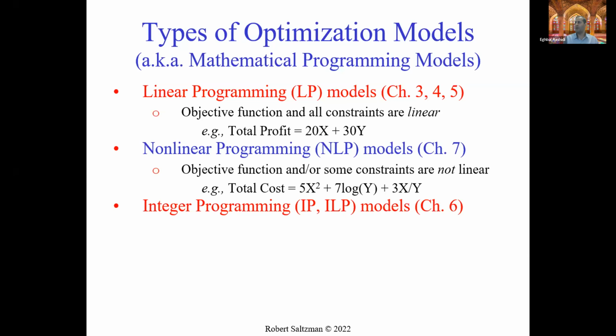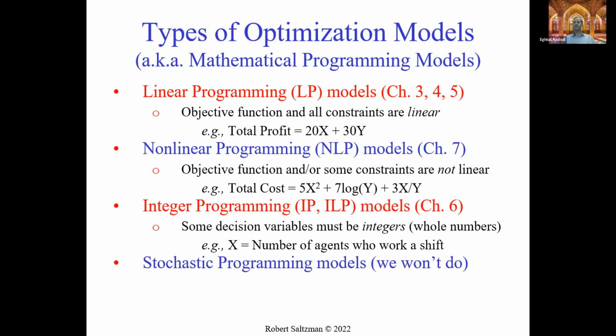For example, if you are optimizing staffing or scheduling in your organization, you want to see how many staff you should assign to what day at what part of the organization. You can't have 4.3 people assigned to part A, or 1.2 people assigned to part B. It has to be a whole integer. It has to be 1 or 2.